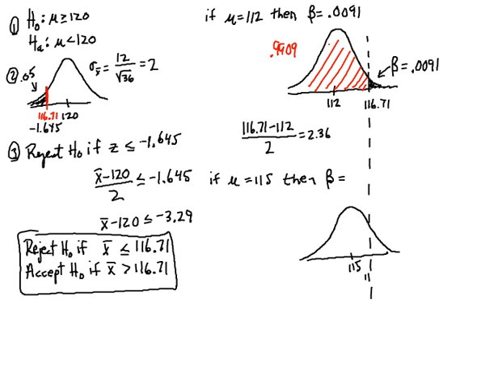Again, I have my 116.71. If the real population average is 115, then I'm going to have a little bit more probability of making the type 2 error.